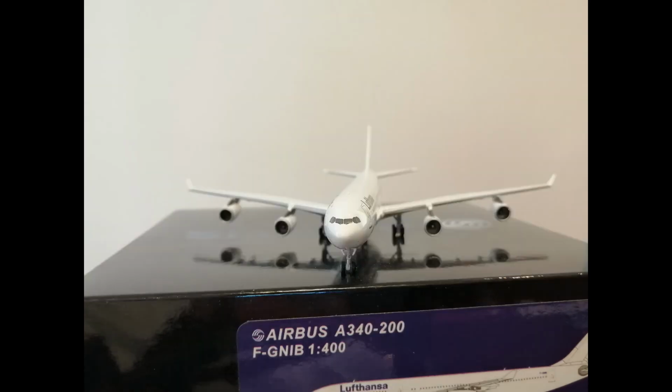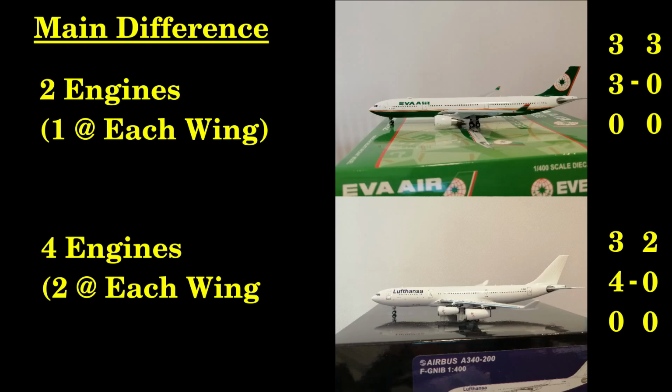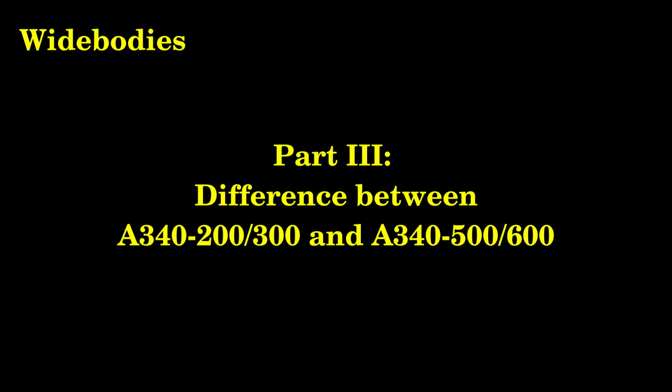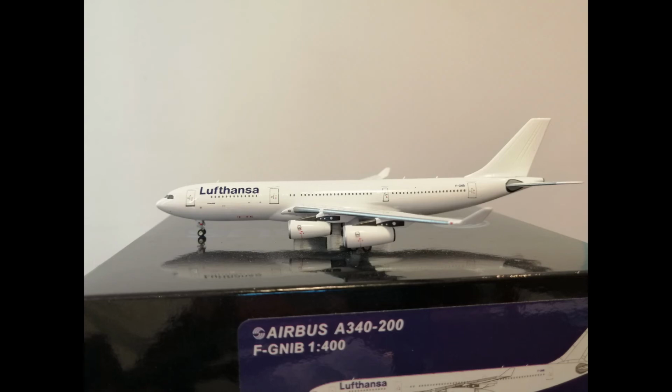And here you see a second picture of the Lufthansa model where you can probably already imagine what is the main difference between the 330s and the 340s. Actually, the 340s are the only single deck planes of Airbus with 4 engines; the 747 and 380 are two decks.